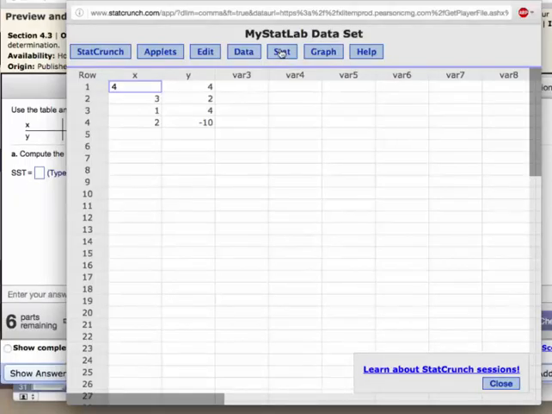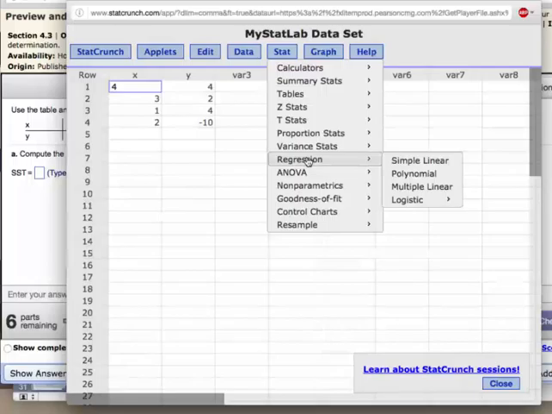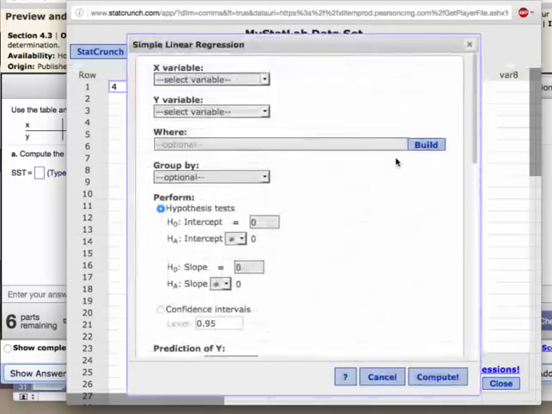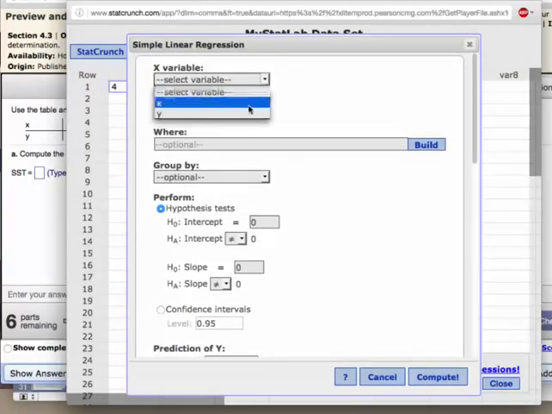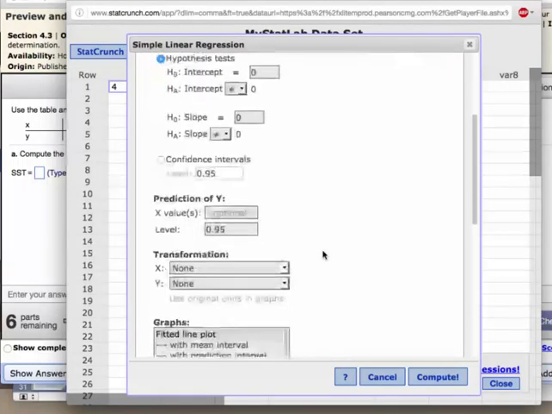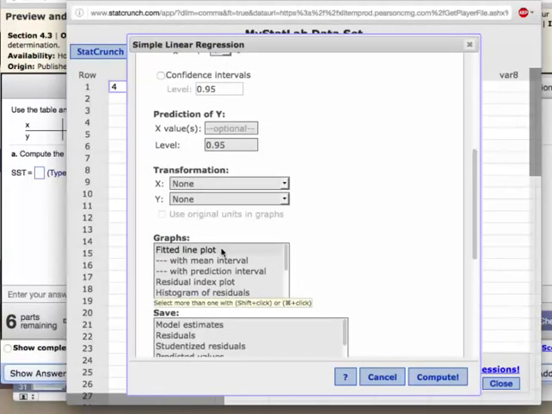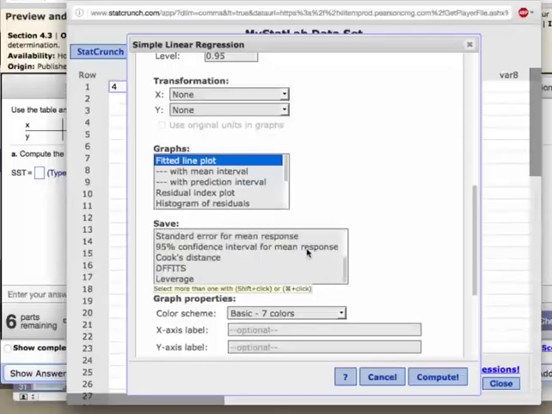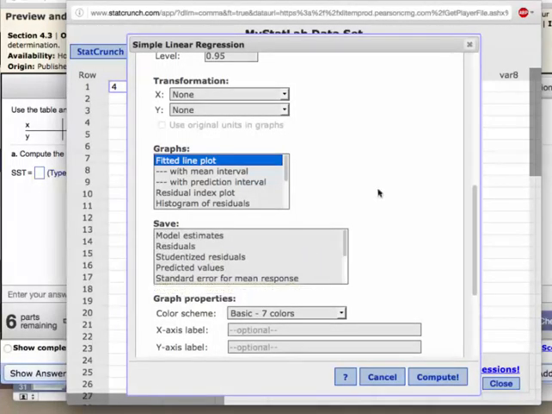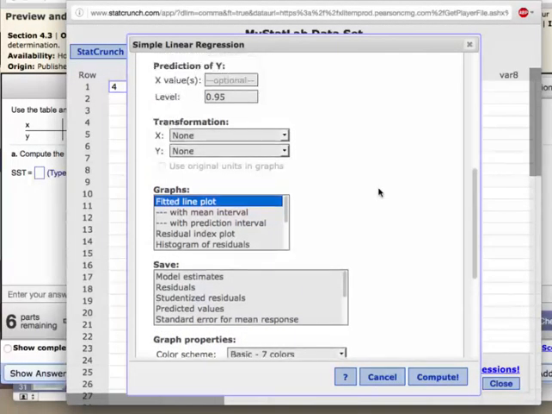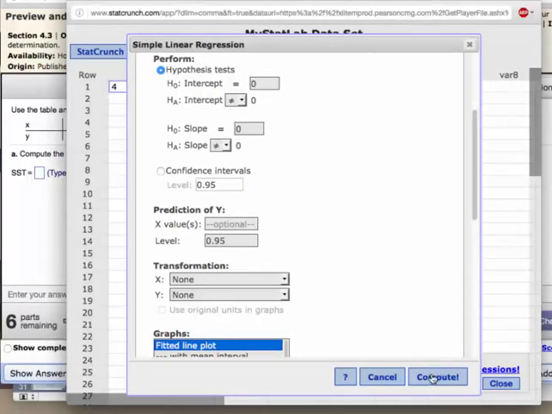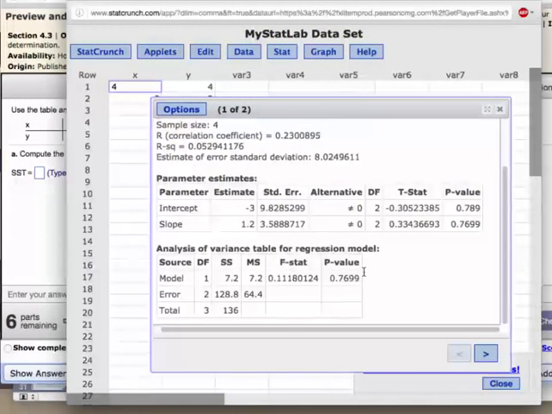Actually, it was all there when we were doing it before, we just didn't know what the stuff meant. So we're going to go to Stat, Regression, Simple Linear. Column 1 is X, and column 2 is Y. We don't want hypothesis test. Fitted line plot. I think it'll just automatically give it to us. Yeah, here it is.